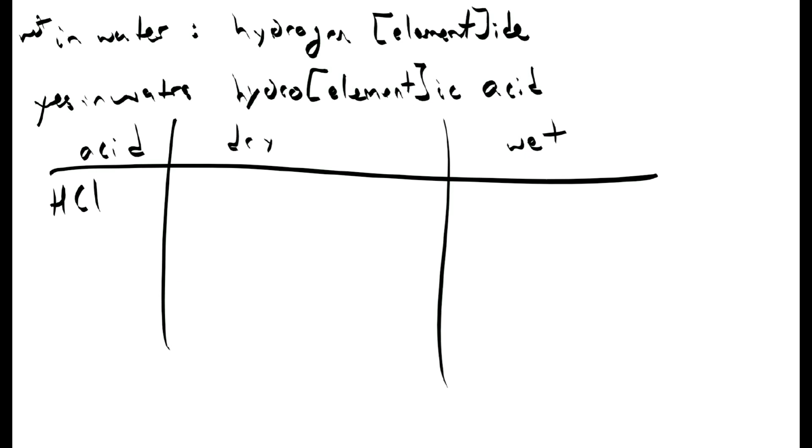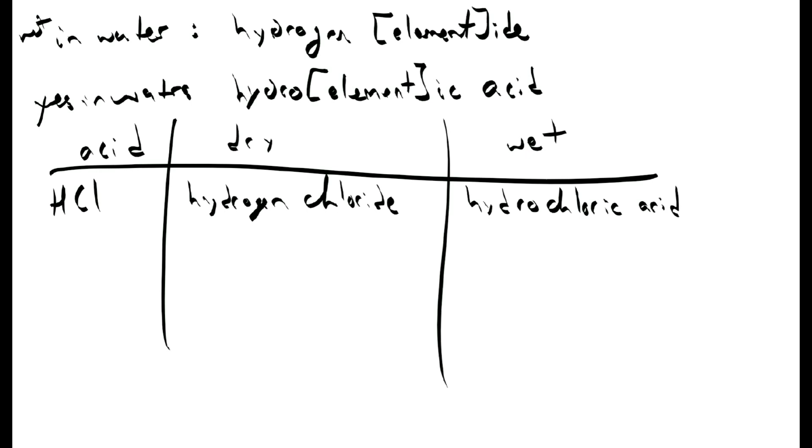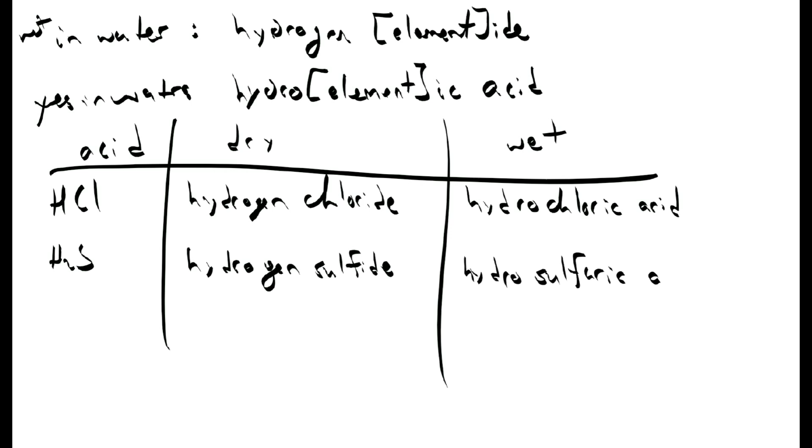So HCl goes from hydrogen chloride to that old favorite, hydrochloric acid. H2S is hydrogen sulfide. You toss it in water, it becomes hydrosulfuric acid.